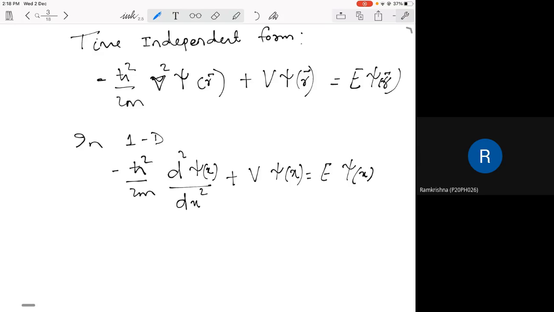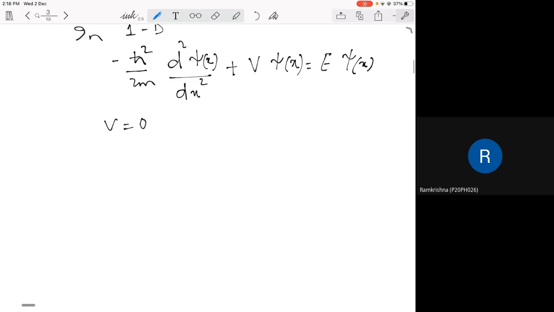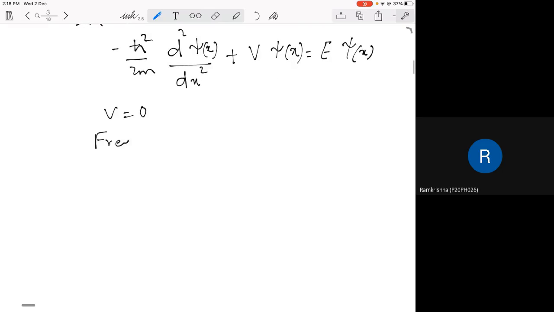And of course, if the potential V is 0, in that case it becomes a free particle, which will have energy of h cross square k square by 2m. Here k is your wave vector, which is related to your de Broglie wavelength lambda.